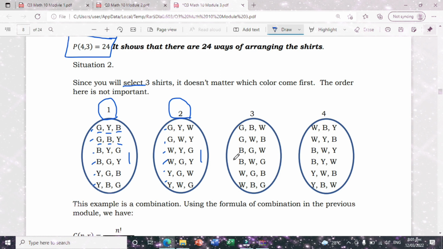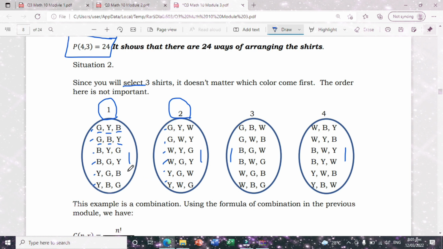So, instead of 6, it is counted as isa lang din. Okay? And lastly, how about kung white, blue, yellow? Hindi green yung nakuha mo. So, white, blue, yellow, the same lang yan lahat. If you're going to count this again, there are 6 yet. It is counted as 1.